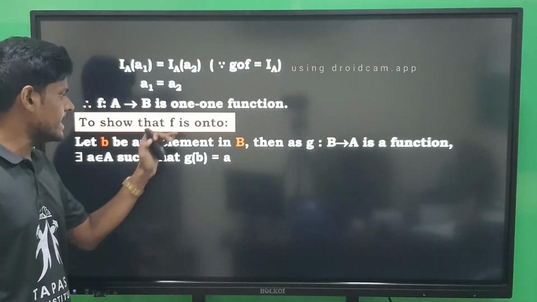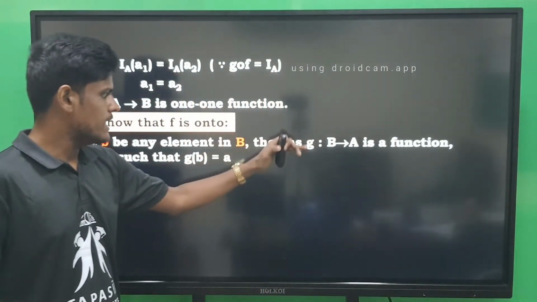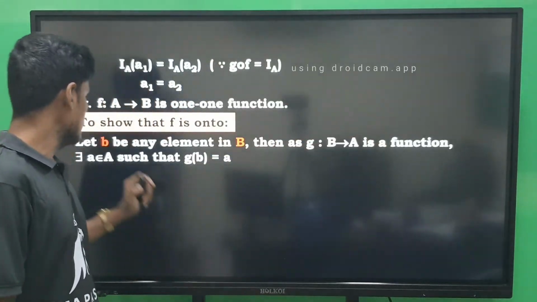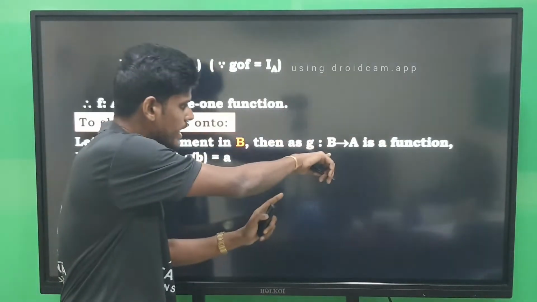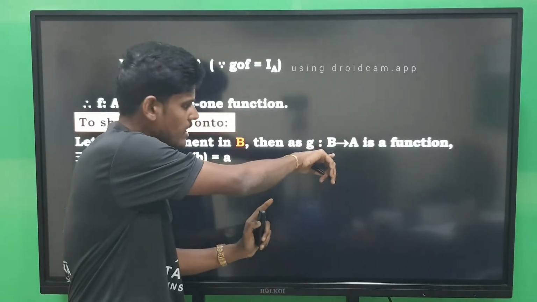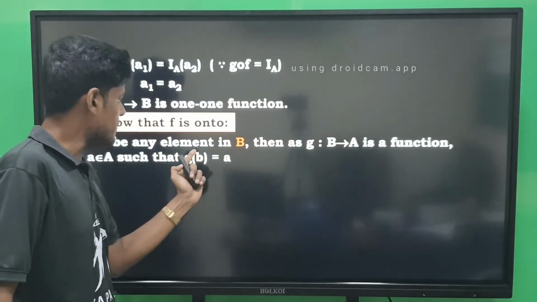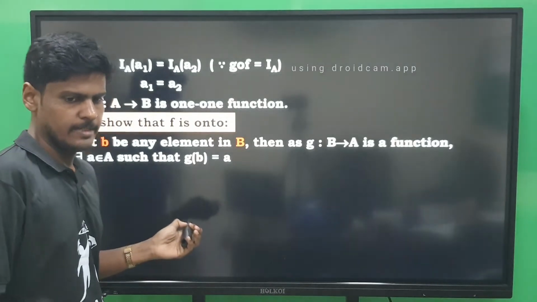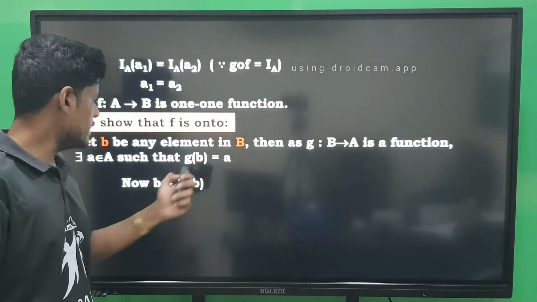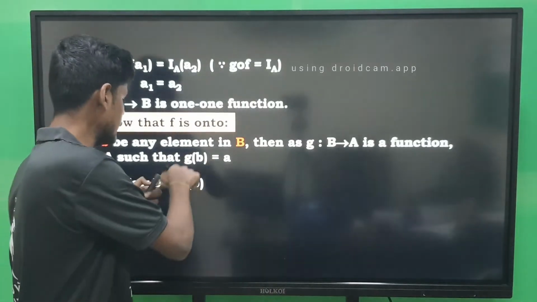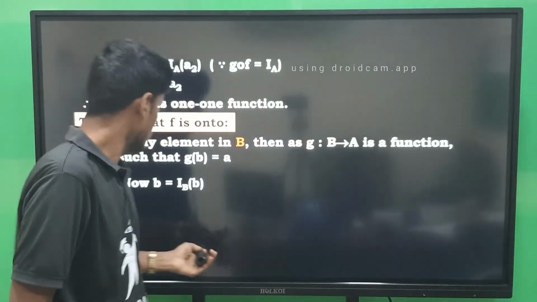Let b be any element in set B, then as g is a function from B to A, which means for any input in B, that will give us the output in set A, that is g of some element b equal to a. Now b is nothing but I_B of b. Obviously identity in B is b itself.